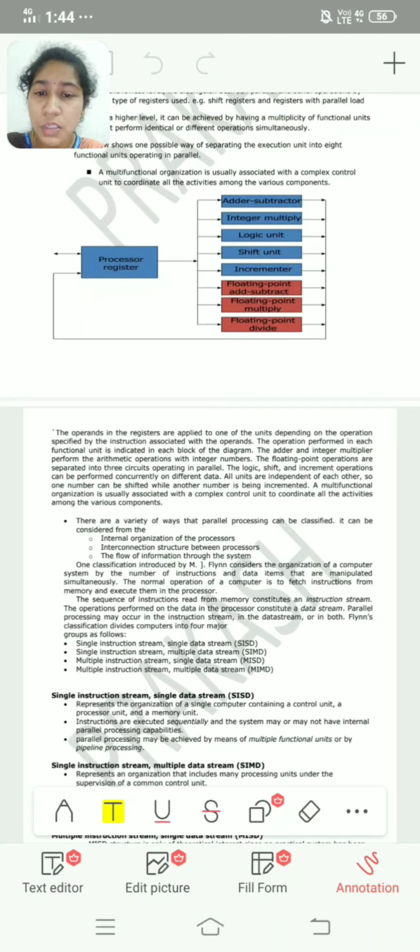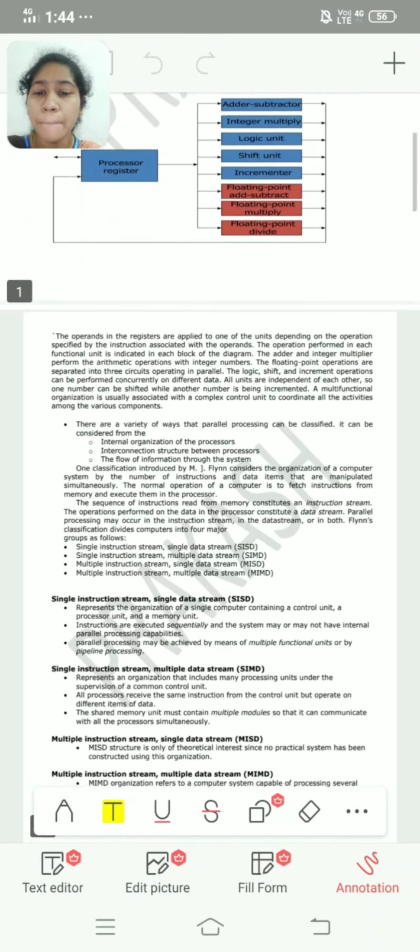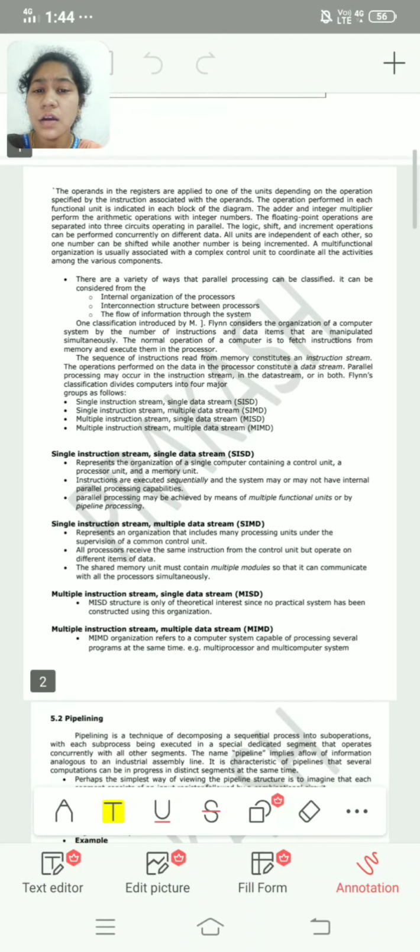The units are: adder-subtractor, integer multiply, logic unit, shift unit, incrementer, floating-point add-subtract, floating-point multiply, floating-point divide. The operands in the registers are applied to one of the units depending on the operation specified by the instructions associated with the operands. The operation performed in each functional unit is indicated in each block of the diagram.